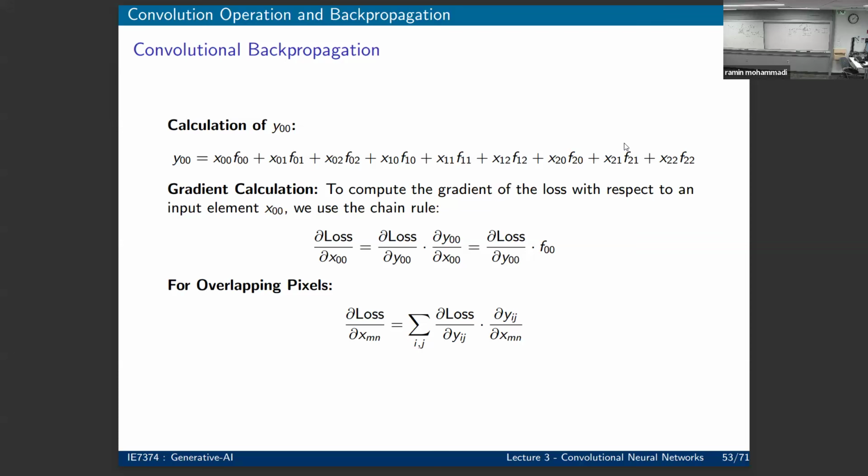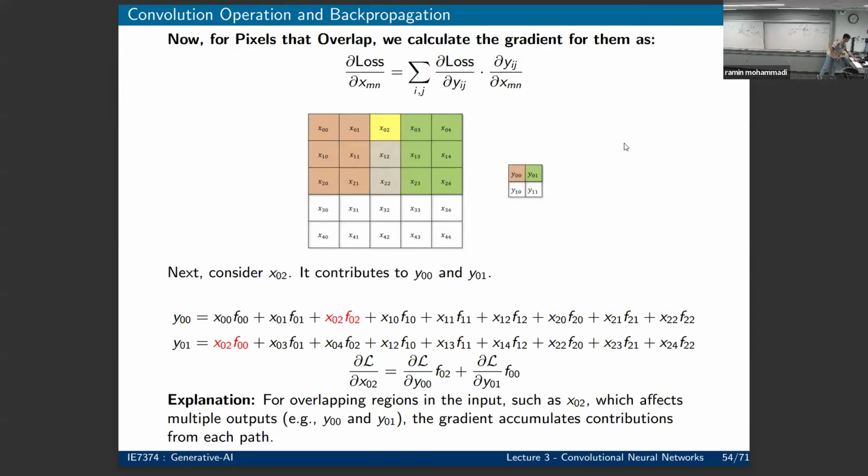So if you pick this example, x02 was part of calculating y00, and also part of calculating y01, right? So x02 contributed to both of these.